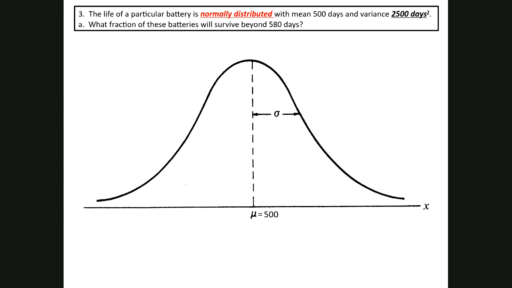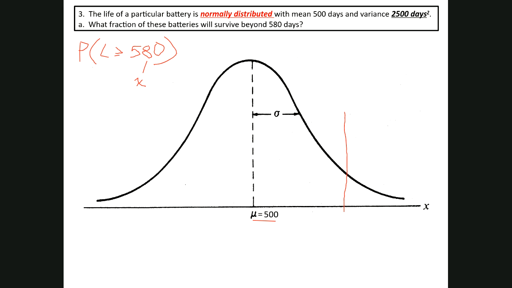All right, and again, we've just drawn out the diagram, and so what we want to know is what's the chance, what fraction will survive beyond 580, which is the probability. Again, I'm going to re-express this, that our lifetime is greater than or equal to 580 days. Now, hopefully you'll realize this is our X value, or if you will, L value. And the 580 days is out beyond 500 days, which is our mean.